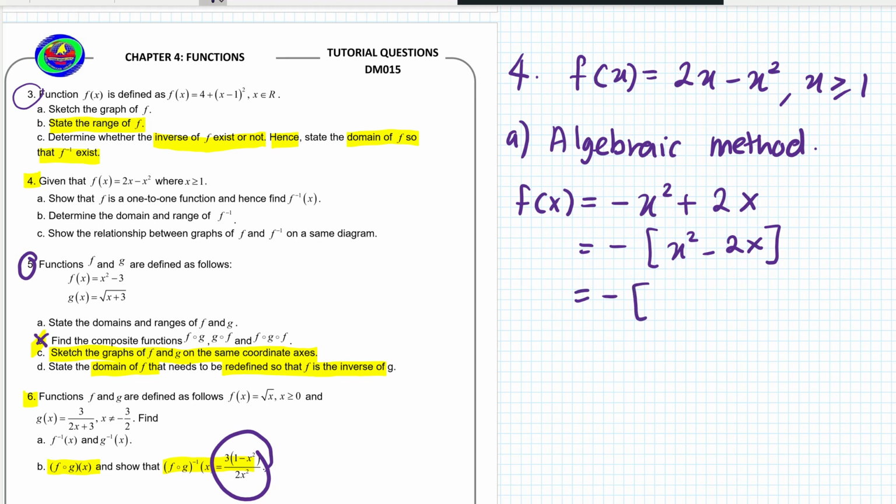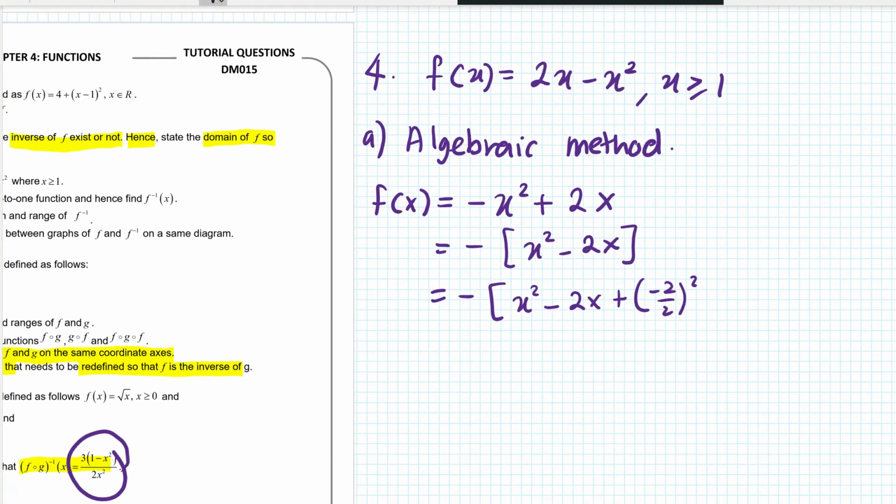So we have x squared minus 2x plus (negative 2 over 2) to the power of 2, minus (negative 2 over 2) squared.